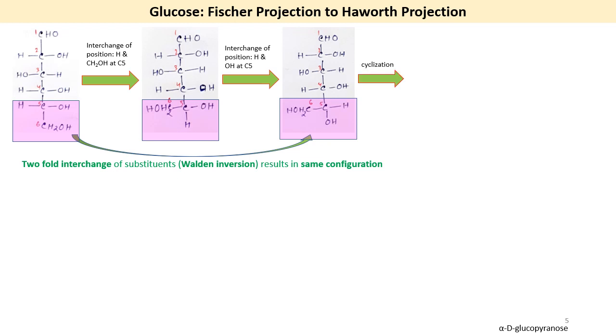Okay, now if you perform the cyclization from this third structure, you will get something like this, right? Everything is same, only this OH and CHO are linked up, and this has now become C1, and it has a hydrogen and OH group.